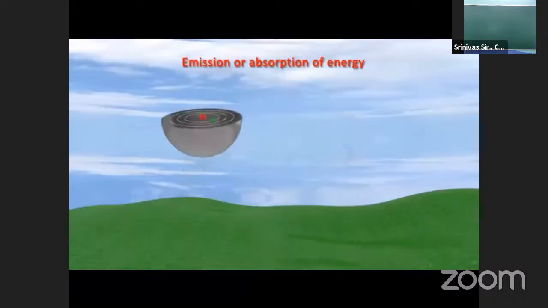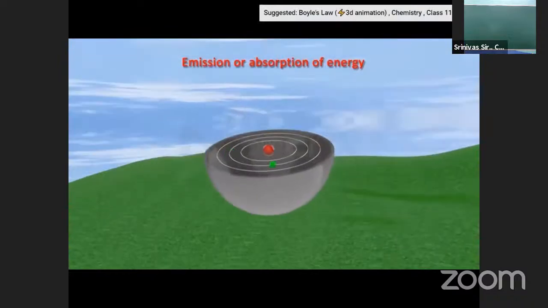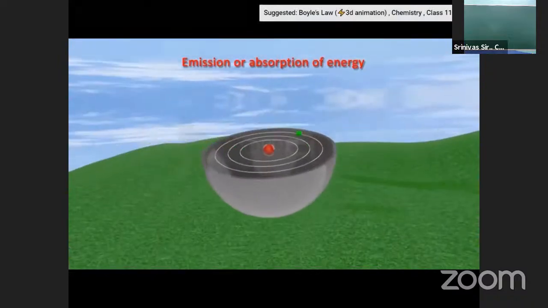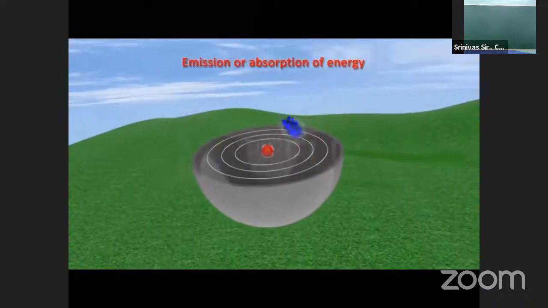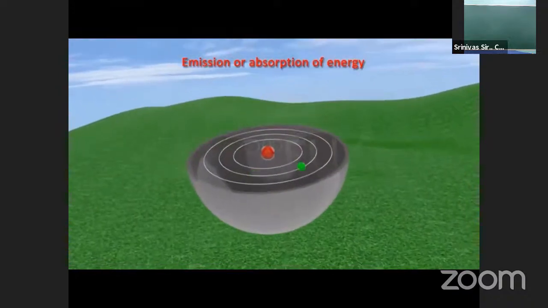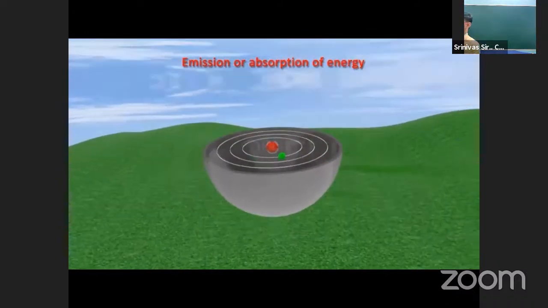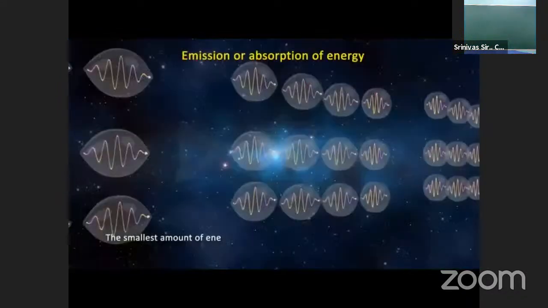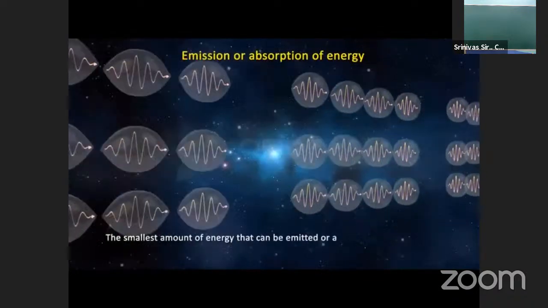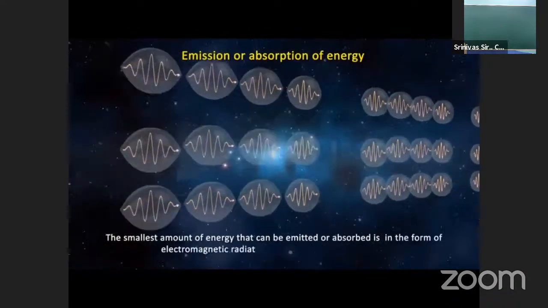Atoms and molecules can emit or absorb energy in discrete quantities only. The smallest amount of energy that can be emitted or absorbed in the form of electromagnetic radiation is known as quantum.